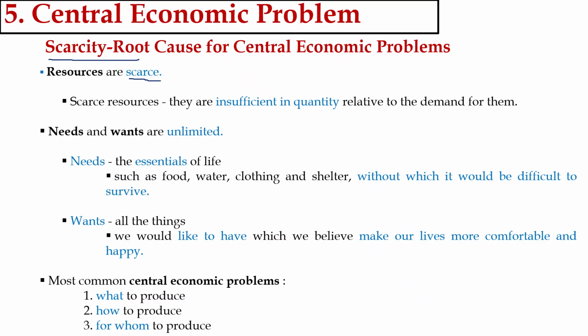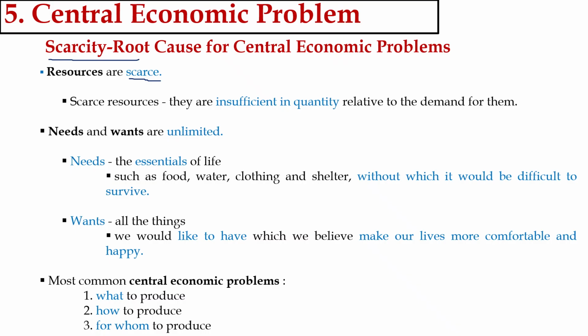He has to buy food for the family, pay the children's fees, pay the electricity and water bills, all these things. But with this limited $500, he cannot buy everything. So the person has to make a choice. He or she has to manage money. Scarce resources means they are insufficient in quantity relative to the demand for them.